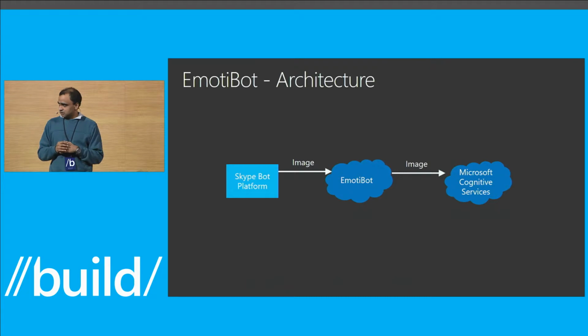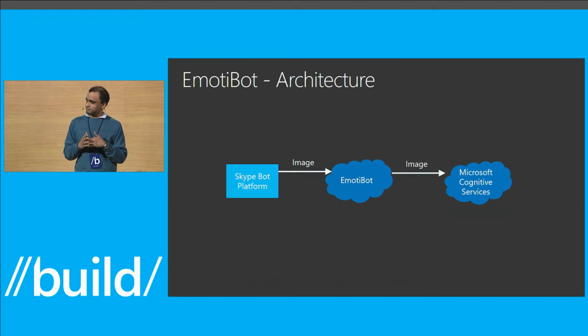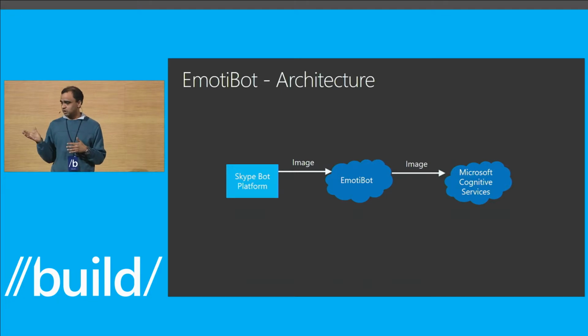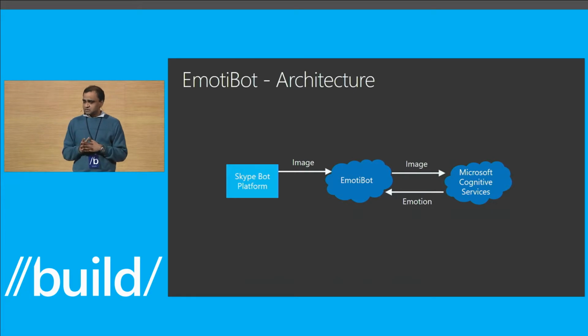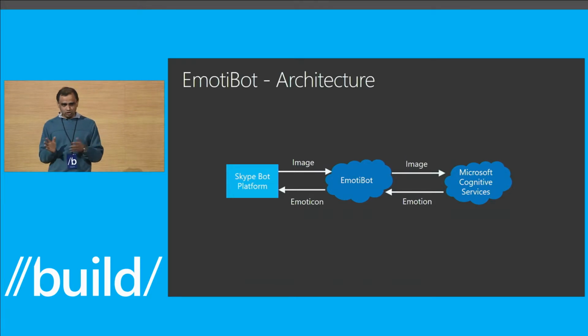This in turn returns back a gradient or a score for each of the prominent emotions in the image. So MOT bot now finds the most prominent emotion based on the highest score value. It then translates this back into an appropriate emoticon and sends this back as an IM to the Skype bot platform, which in turn sends it back to all your Skype clients.